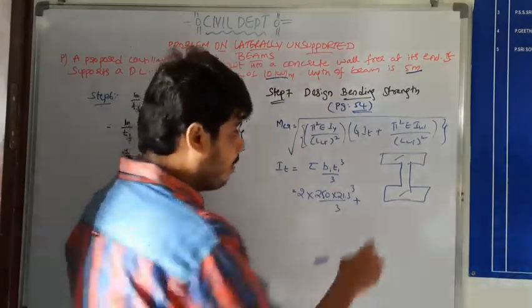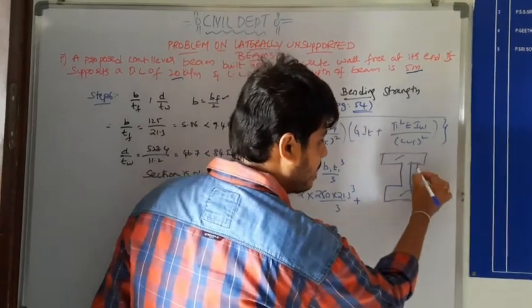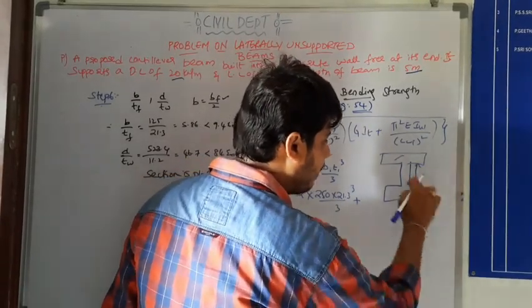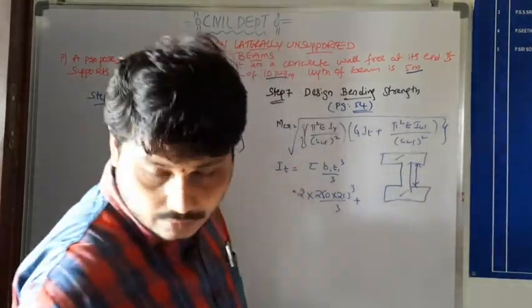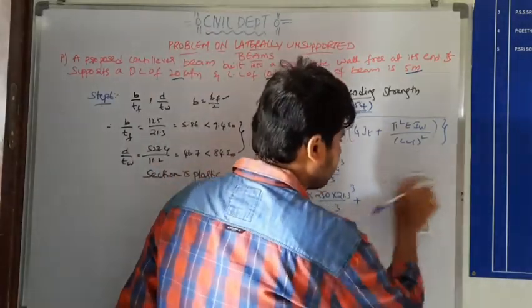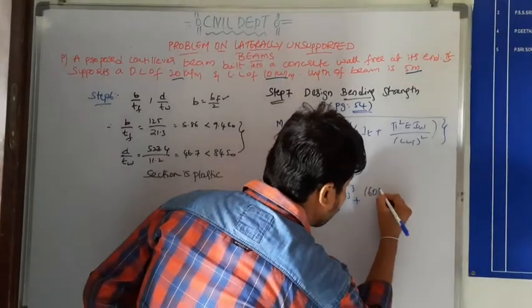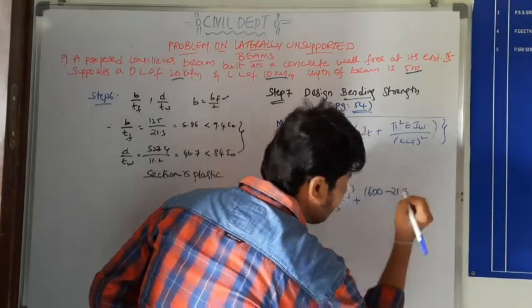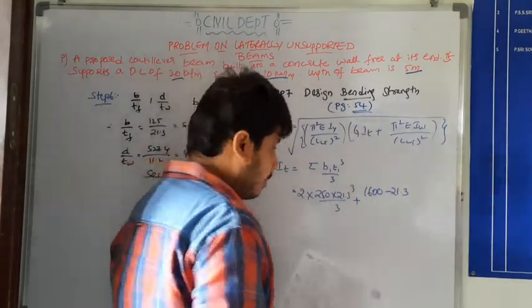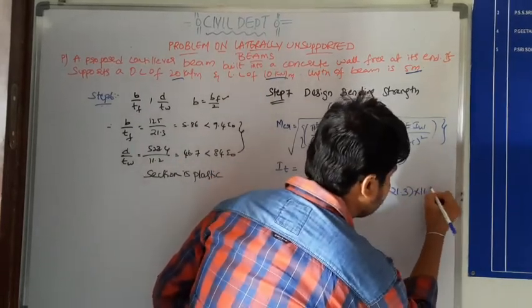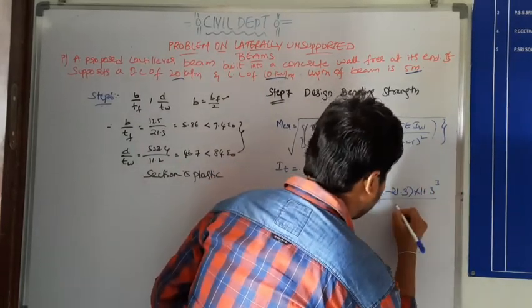plus web. So this is the height of web, overall height minus web. So now I am writing it here. Web is nothing but 600 overall minus 21.3 into thickness of web cube by 3.